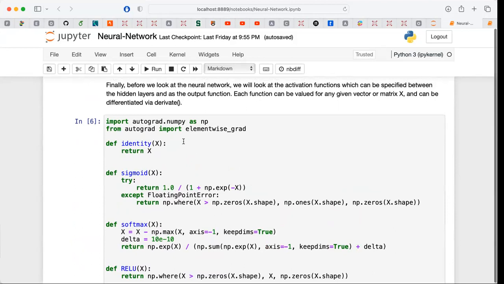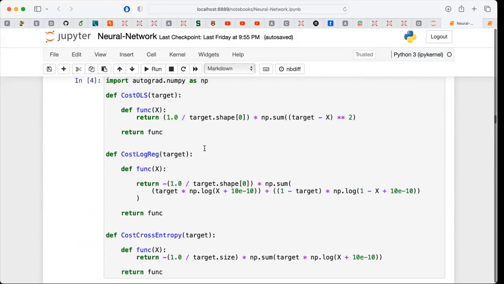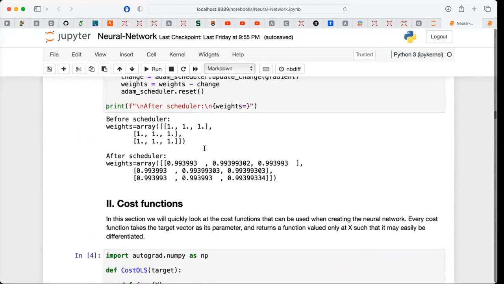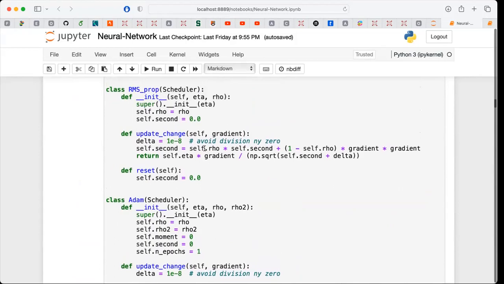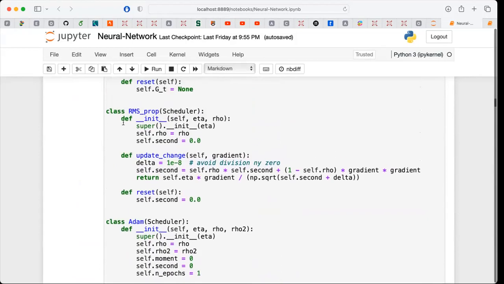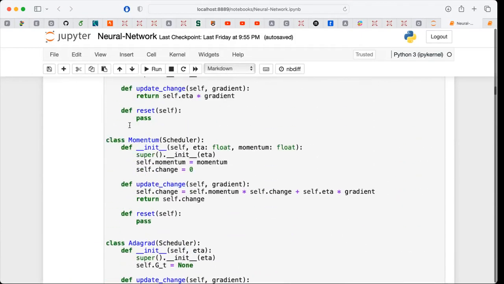It's useful to use automatic differentiation. You would need to set up different types of schedulers, by which you update the learning rate. So these are functions which are useful just to have encoded once and for all.